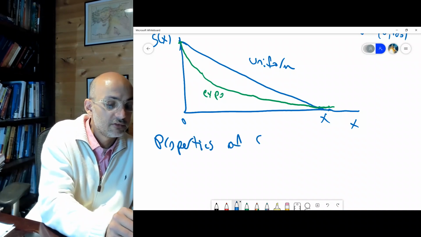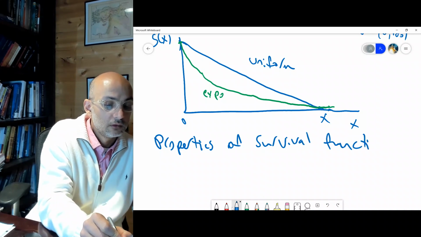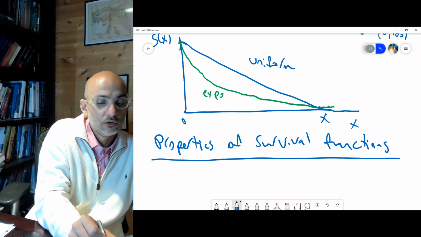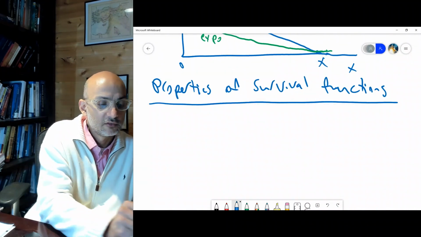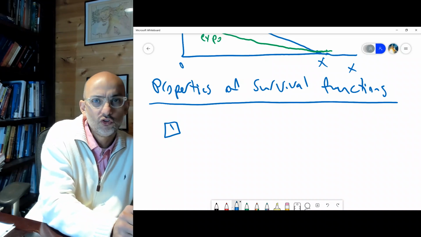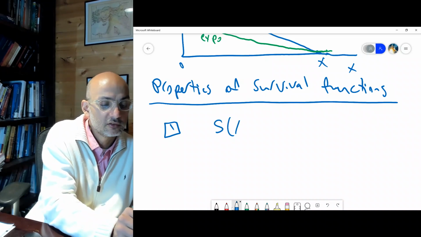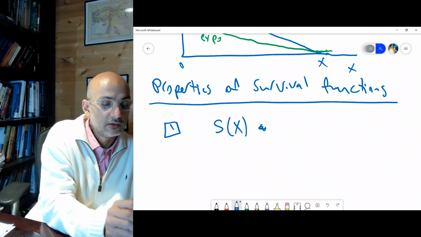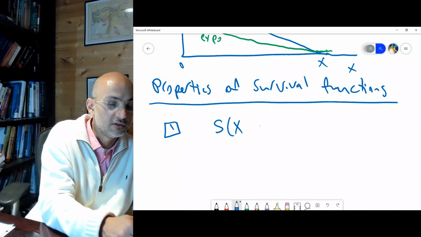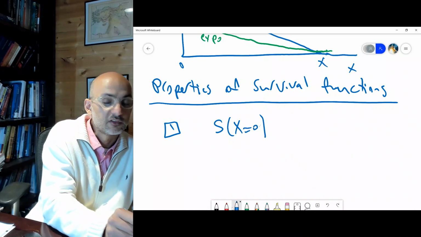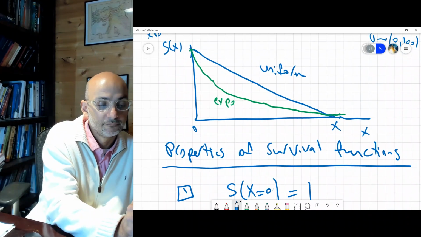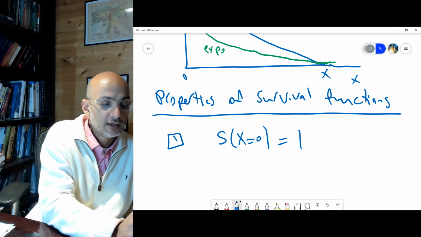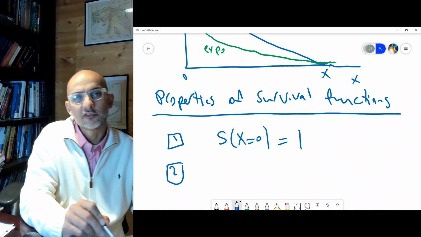If from here you want to take the properties of the survival function, because all we deal with in actuarial mathematics is survival functions. The first property: if you take S of x when x equals 0, surviving at birth is 1. You start with 1. The second thing: not any function can be used as a survival function.